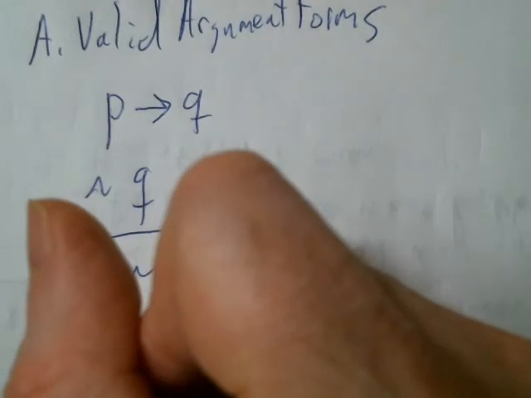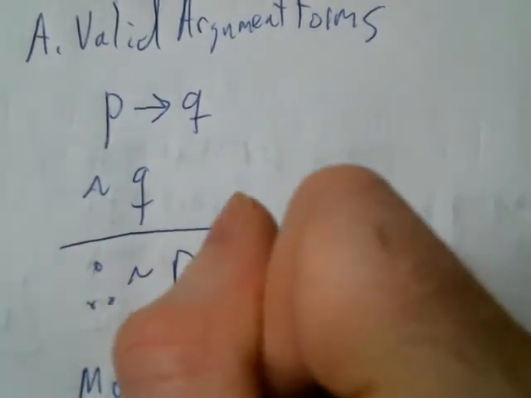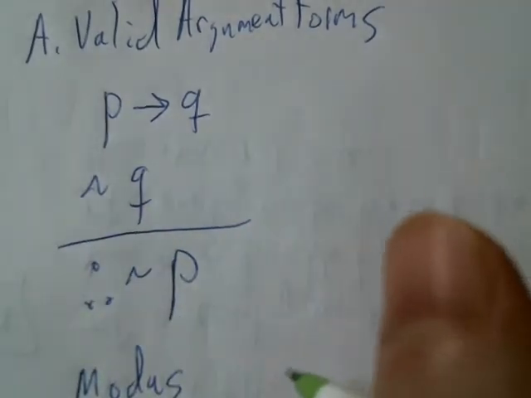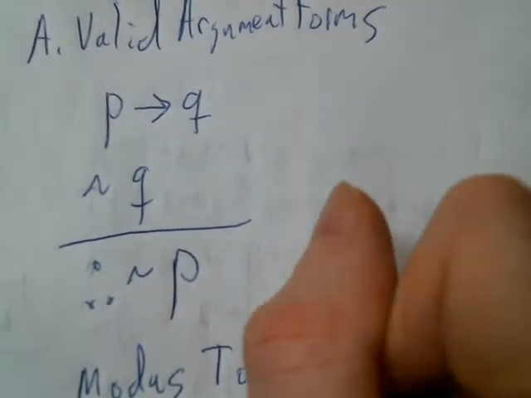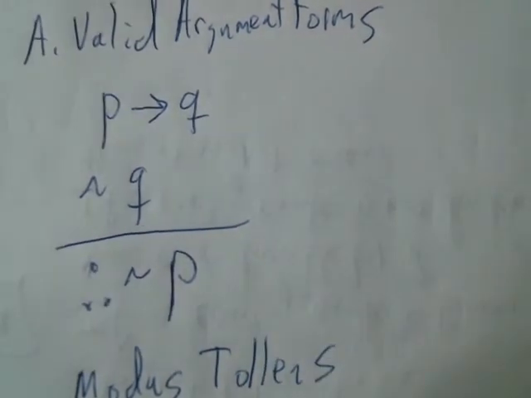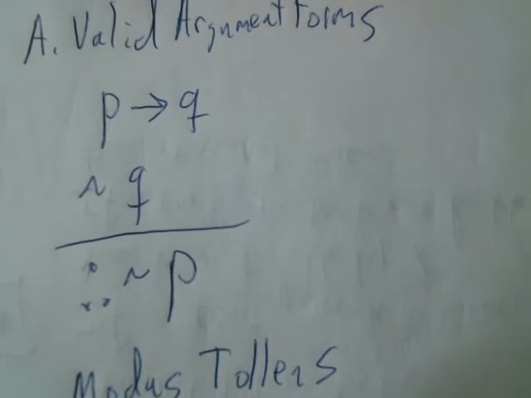So write that down. Modus tollens. We're going to see how to spell it. Tollens. Just looking through my notes. It doesn't seem like I did an example of modus tollens. Oh, okay, well there it is.